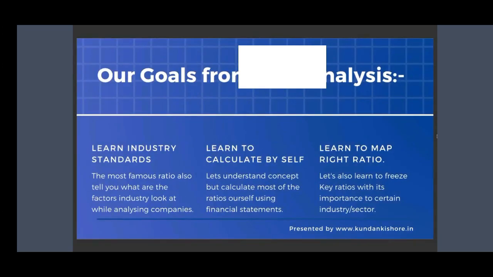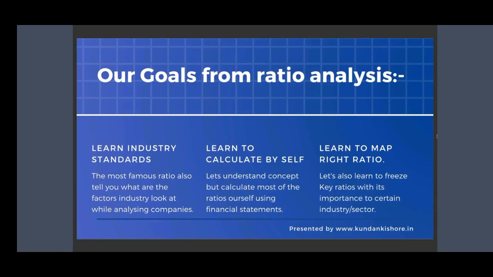Now, what should be our goal from the ratio analysis? First, learn the industry standard. It is not you who is going to do it alone. The most famous ratios also tell you what factors the industry looks at while analyzing companies, right? So let's say I'm going to teach you 20 different ratios, and I also tell you that out of these 20 ratios, the equity research industry values these 6 ratios more for certain sectors, and I give you this mapping.